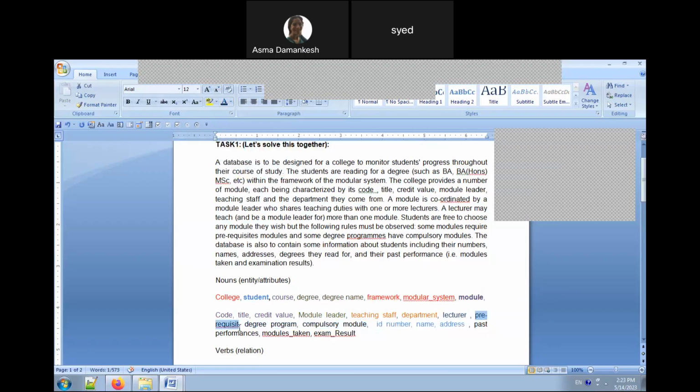Prerequisite, what is that? Is that an entity or an attribute? It says some module has prerequisite. It's a relationship, right? Or they have a relationship with modules.